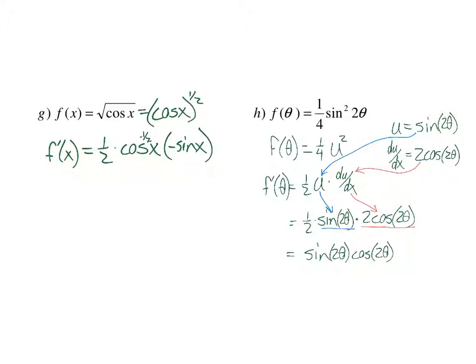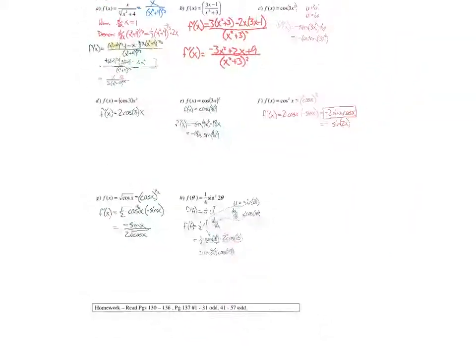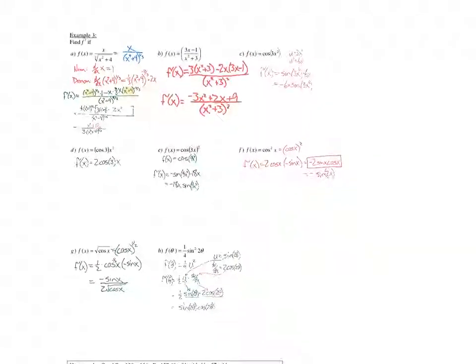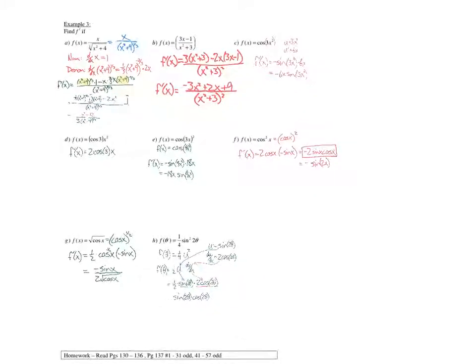Okay, simplifying this, we want to make sure we simplify the negative exponents. So this is going to be a negative sine of x over 2 times the square root of cosine x. Okay, so that's the rest of our examples for this one.